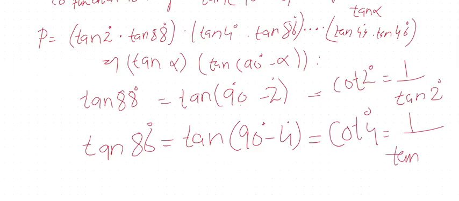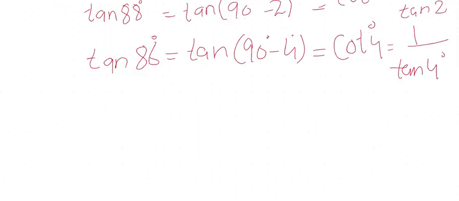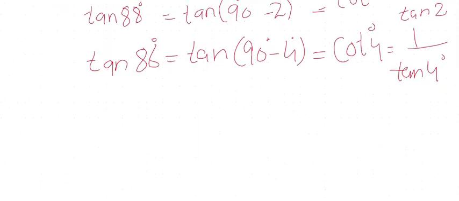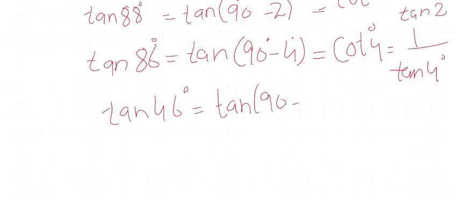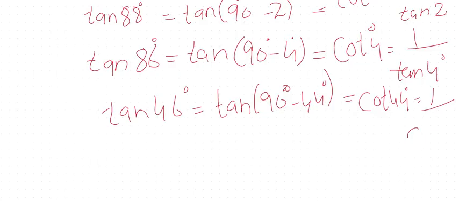And so on, up to the middle term, tan 46 degree equals tan(90 minus 44 degree). Be careful about the degrees because it costs marks. So cot 44 degree equals 1 by tan 44 degree.